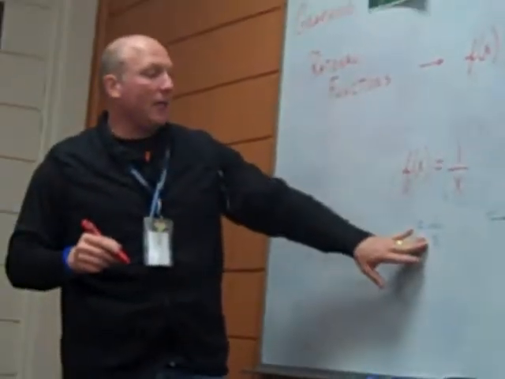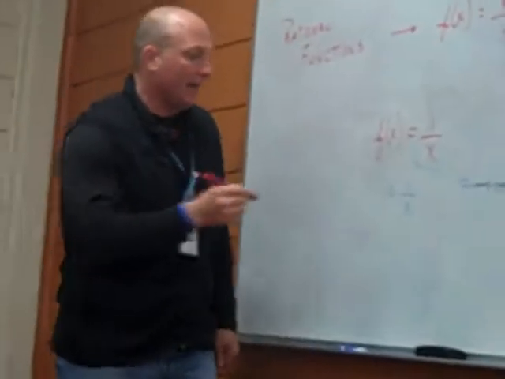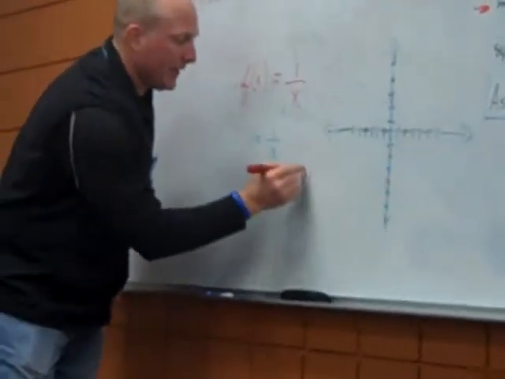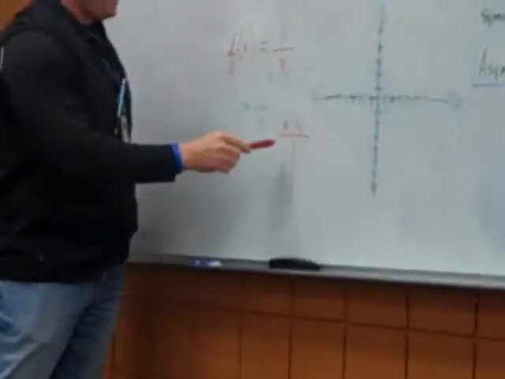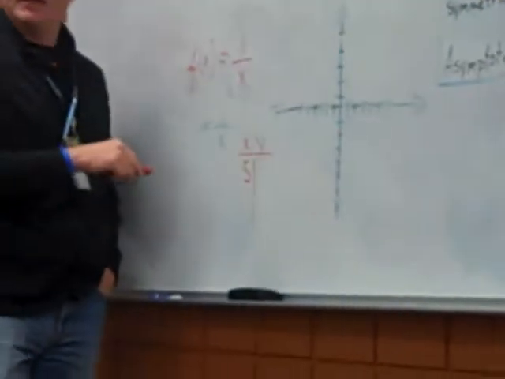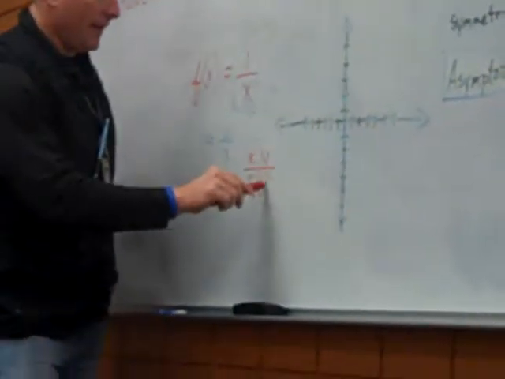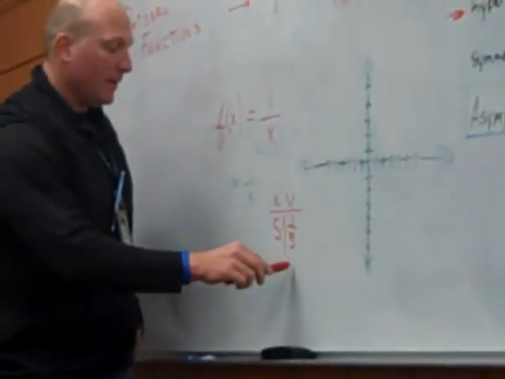Now, in this case, let's think about what it's going to look like. So we'll make just a quick T-chart, x and y. If I say that x is 5, what's y? 1/5. If I say that x is 1, what's y? 1.